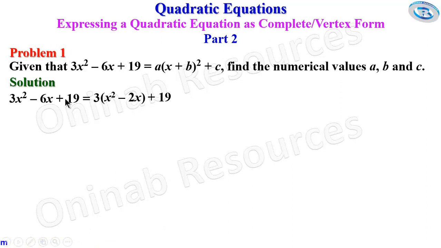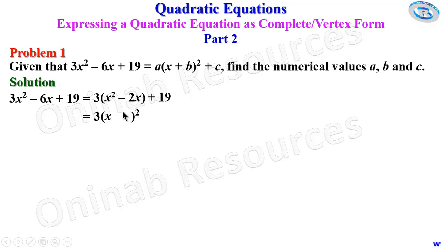So if you expand this, you get the first two parts. What we'll do now is express it as a perfect square, that is x plus b squared in that form. Still maintaining our 3, we have our bracket x plus something or minus something squared.